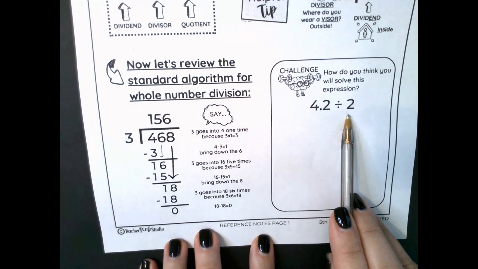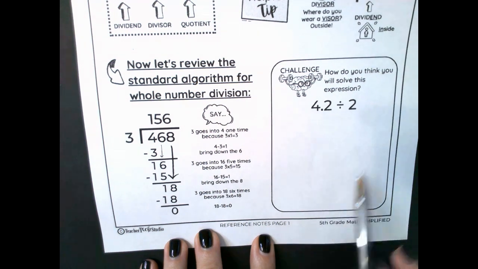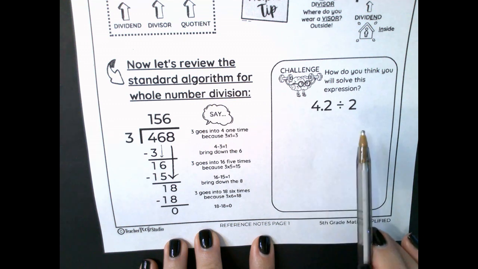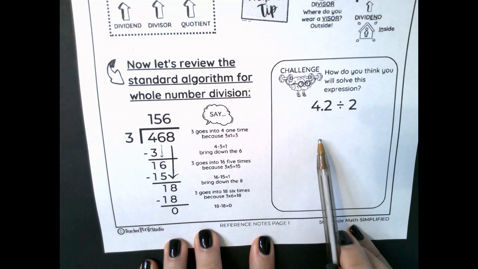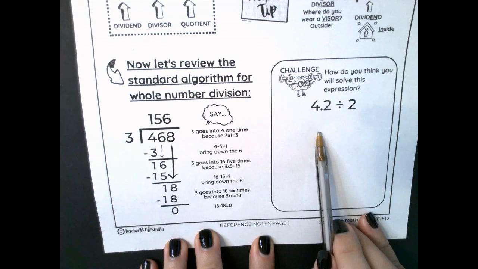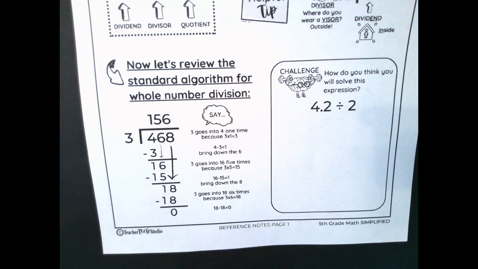I want you to pause and answer how you think you're going to solve this expression. When you come back, we're not going to go over this because I want us to move forward in the lesson and learn through the lesson. Then you can come back and see if you were right, if you were close to right, or if you were way off. So go ahead and pause. When you come back, I'm going to have page 2 up and ready to go.